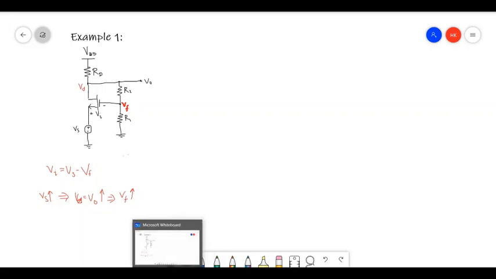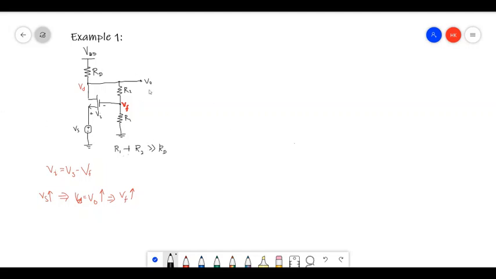I forgot this, there's an additional thing given here, that R1 plus R2 is much larger than RD. That's an important thing.